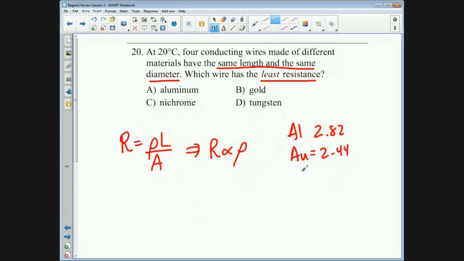Nichrome has a value of 150, and tungsten has a value of 5.6. So the lowest one here is gold, least resistance, because of the least resistivity.